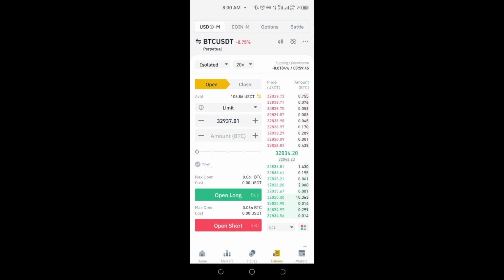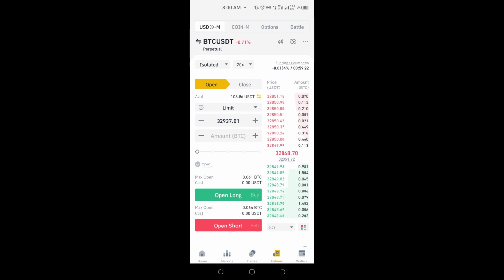As you can see on your screen, we have the open long and the open short. The long simply means buy and the short means sell. So if you want to buy Bitcoin, you simply take long, and if you want to sell, you take short.